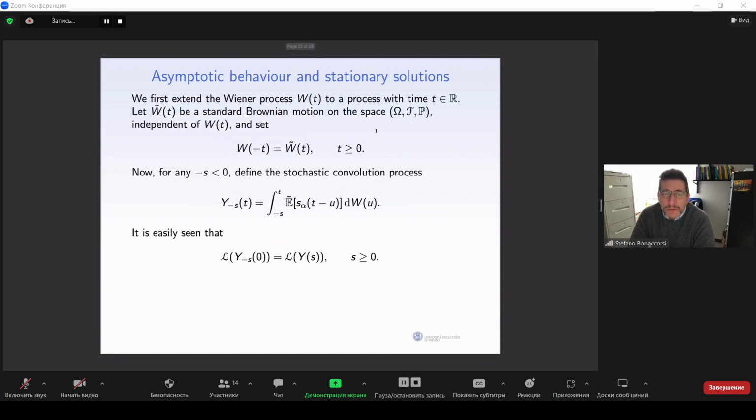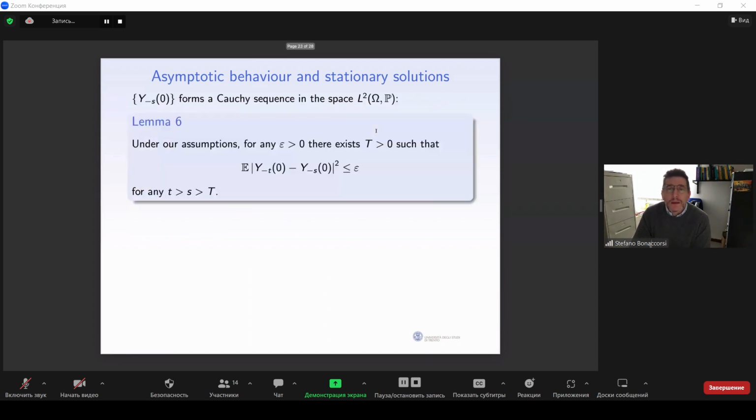If we modify in the usual way the construction, by taking the initial time to minus infinity instead of sending the final time to plus infinity, we see that y is actually a stationary solution for the problem.